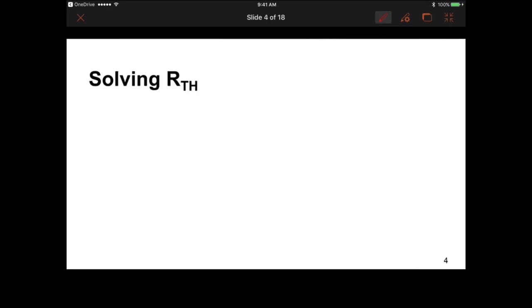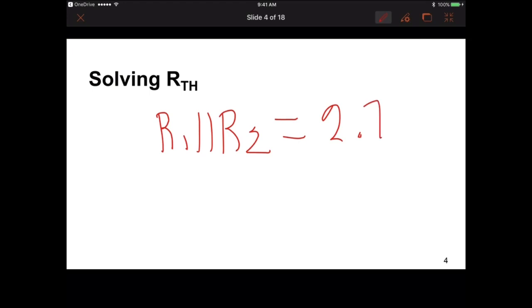RTH is simply going to be R1 in parallel with R2. Make sure you're looking at the schematic. So that's 15K in parallel with 3.3K, and that gives us 2.7 kilo ohms.